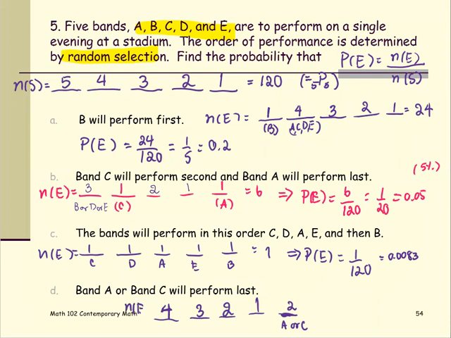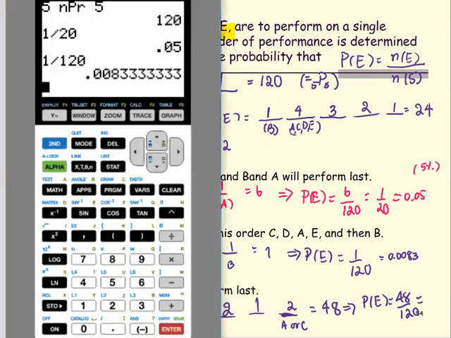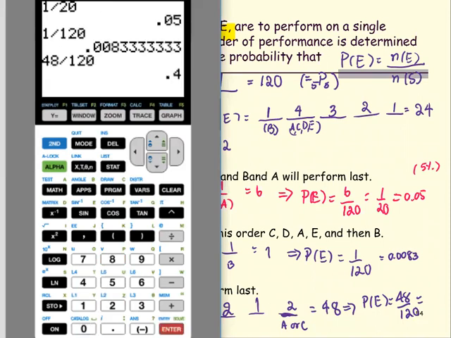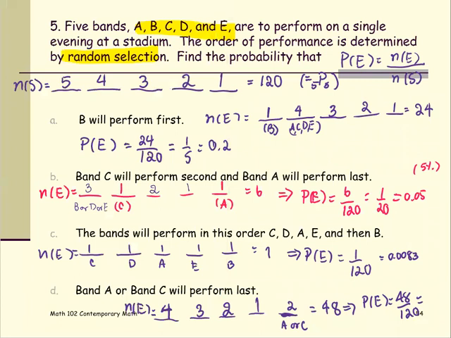So N of E for case D is the product of 4, 3, 2, 1, and 2, which is 48. Then the probability is 48 divided by 120, which in decimal form is 0.4, or about a 40% chance.